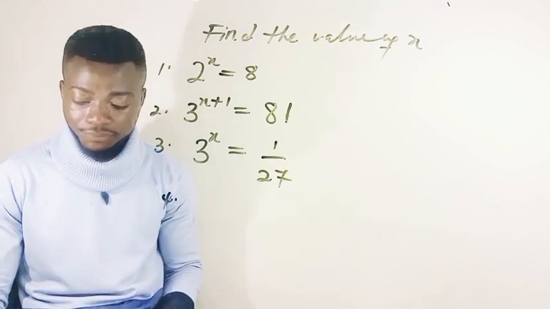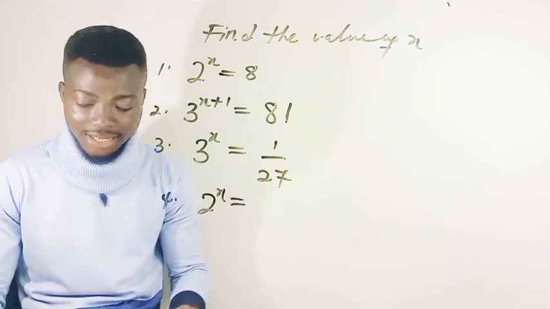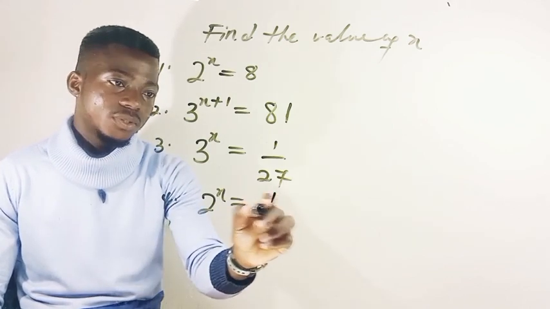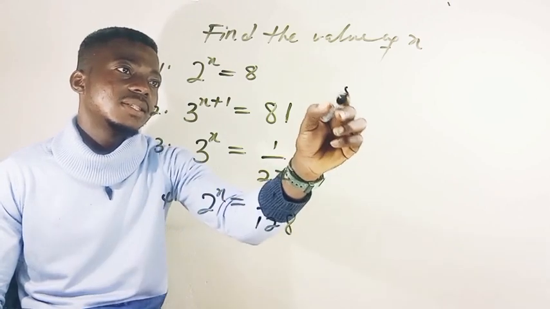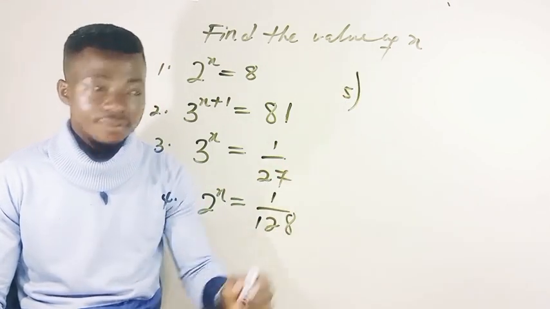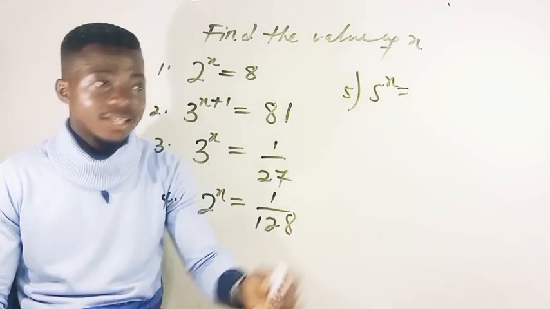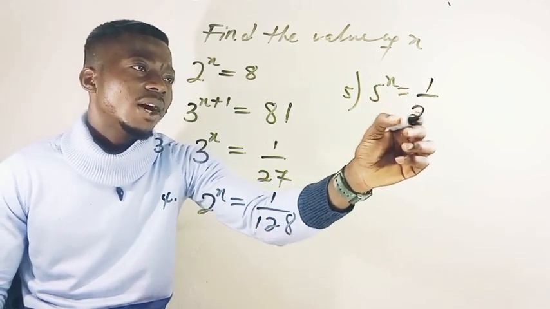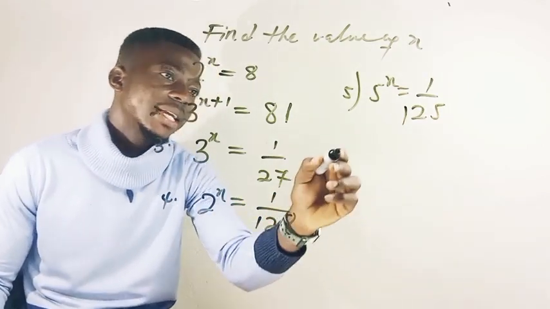Number 4, we have 2 exponent x equal to 1 over 128. Then number 5, 5 exponent x equals 1 over 125.